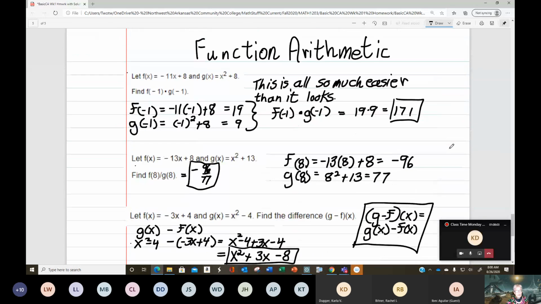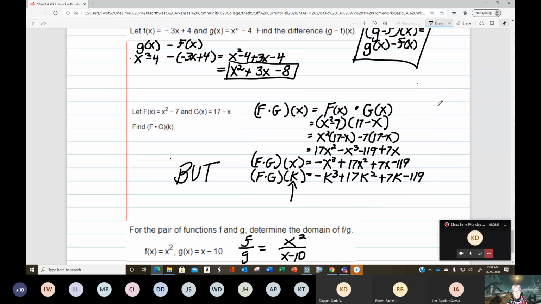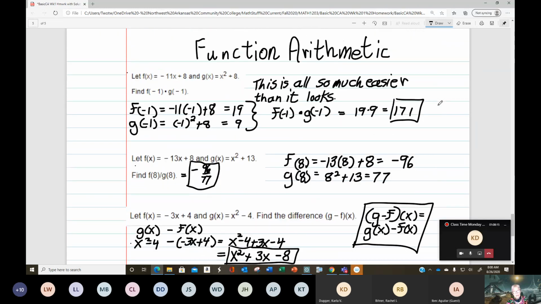Okay, now, we're also talking about function arithmetic, and I looked at this today. I had done this for another class, and I realized if you don't see me doing it, it looks like gobbledygook.